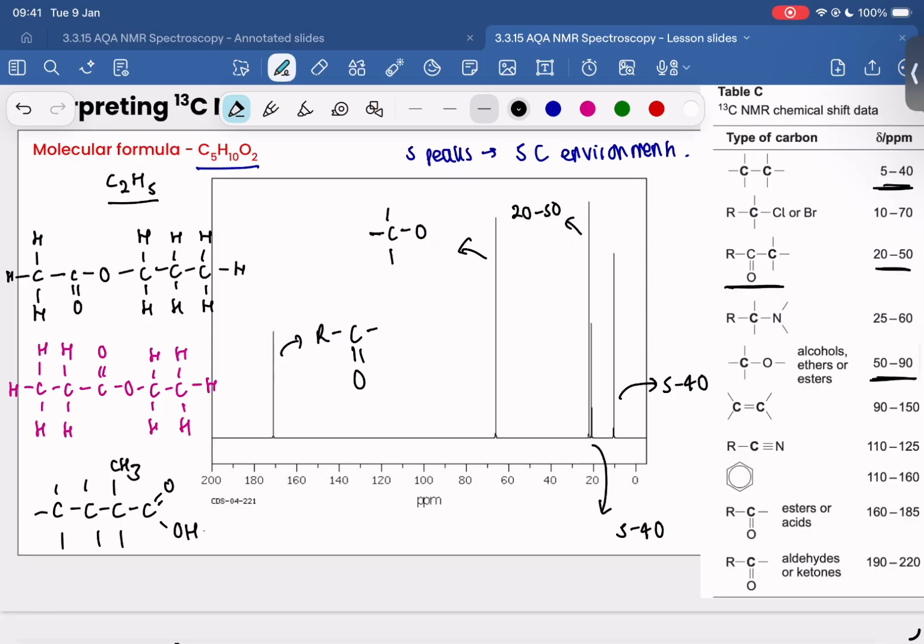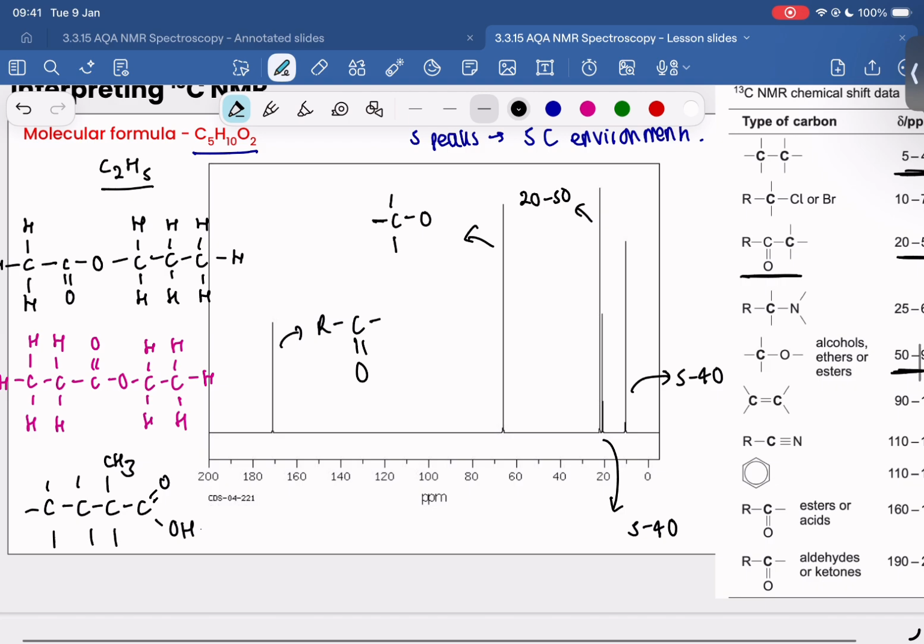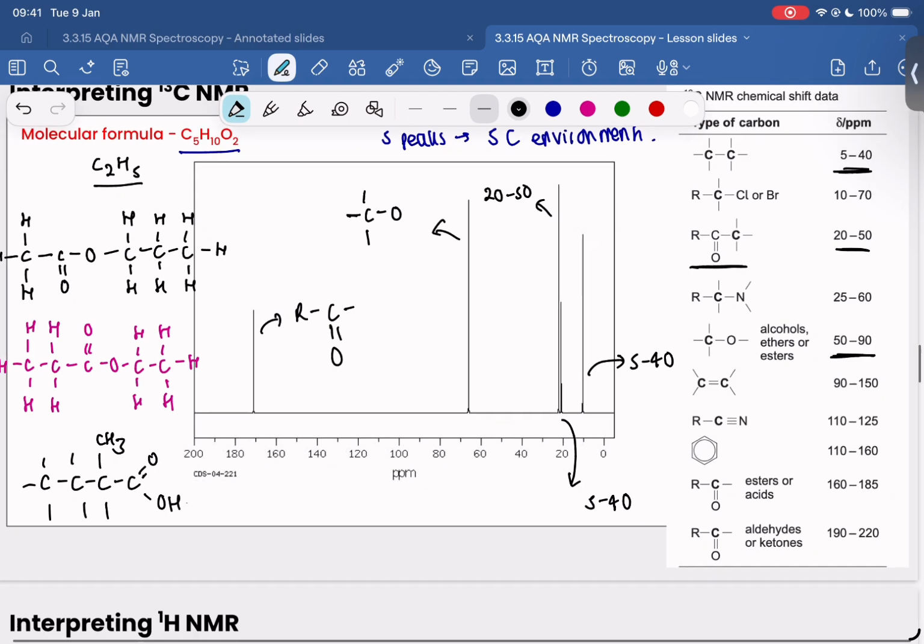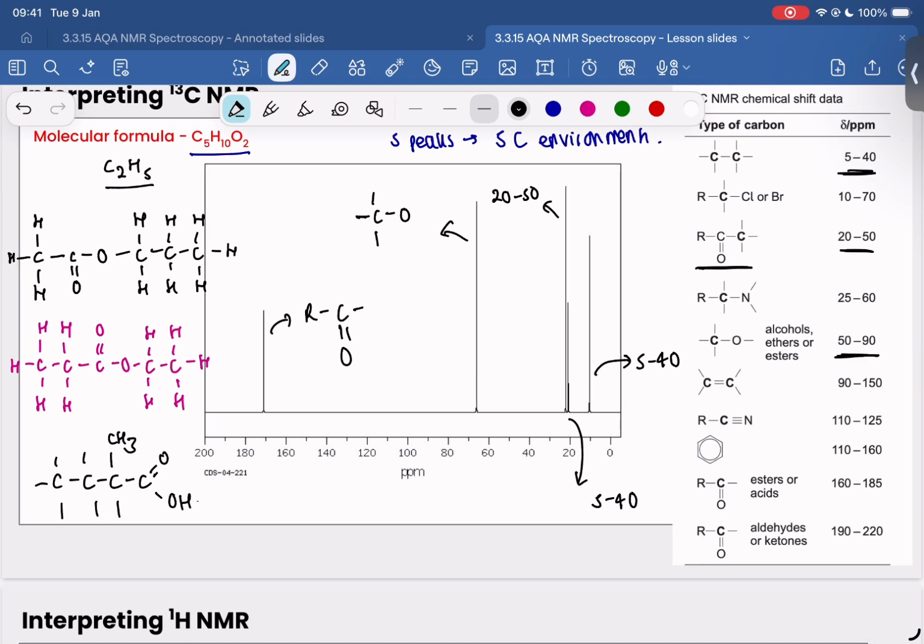Okay, there are also 10 hydrogens and 2 oxygens. Now we just need to make sure that they match the peaks. So there's a COH, okay, that makes sense. There's also a CH3, yep, 2 C's. Yeah, I think that works actually. That should work.